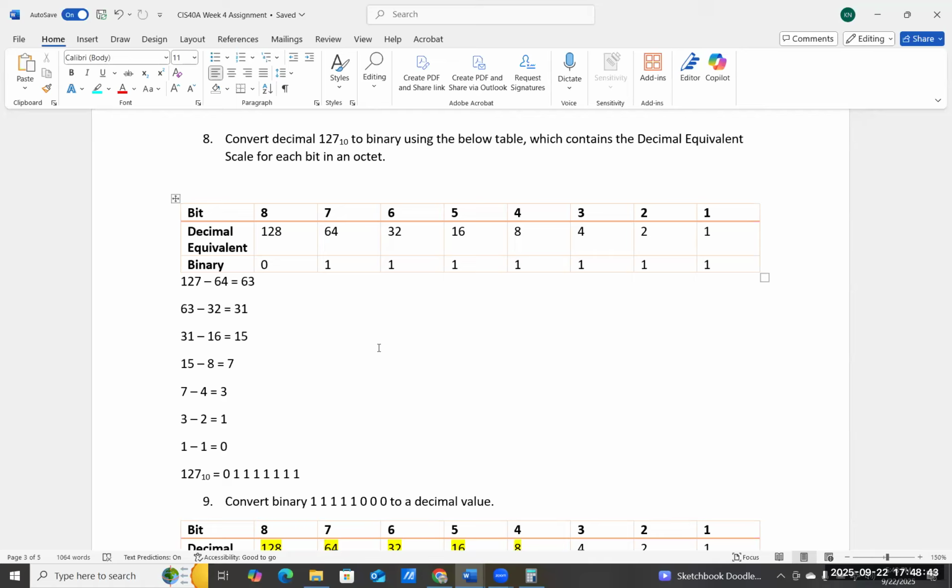31 subtract 16, I put a 1 as I subtract it. I have 15 left. Then 15 subtract 8, and I have 7 left, so as I subtract, I put the 1. I continue to do that until I get to the least significant bit, the right bit, where I end up with nothing left, 0.